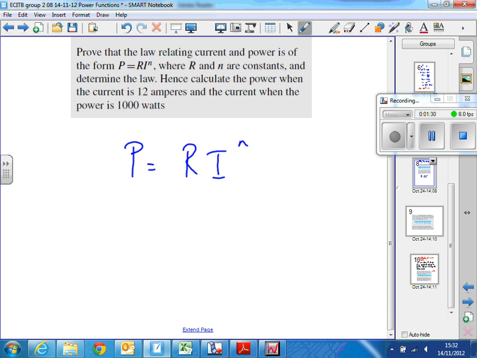We've got a power in there, n, and we want to find out what n is. And so we use logarithms, because if I take the logarithm of both sides, I can bring that power down and turn it into multiply. So take logarithm of both sides. Logarithm of power equals the logarithm of Ri to the n.